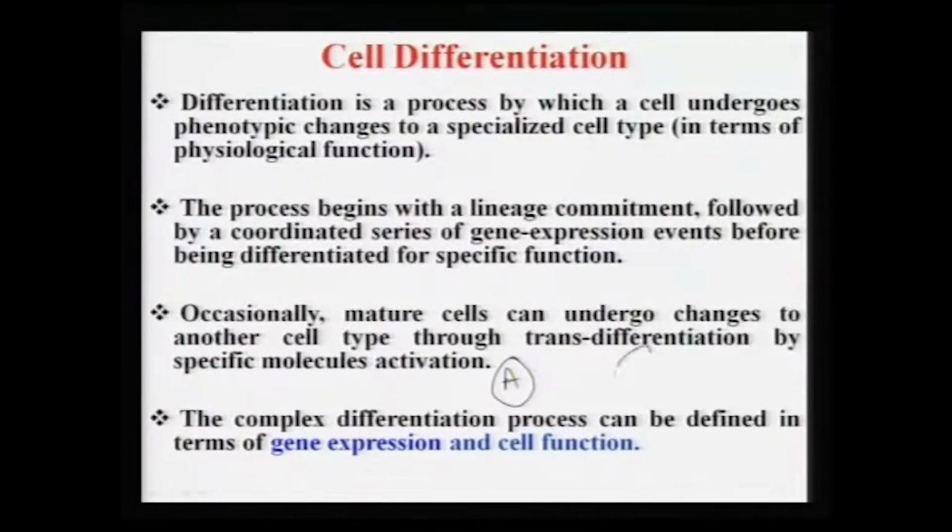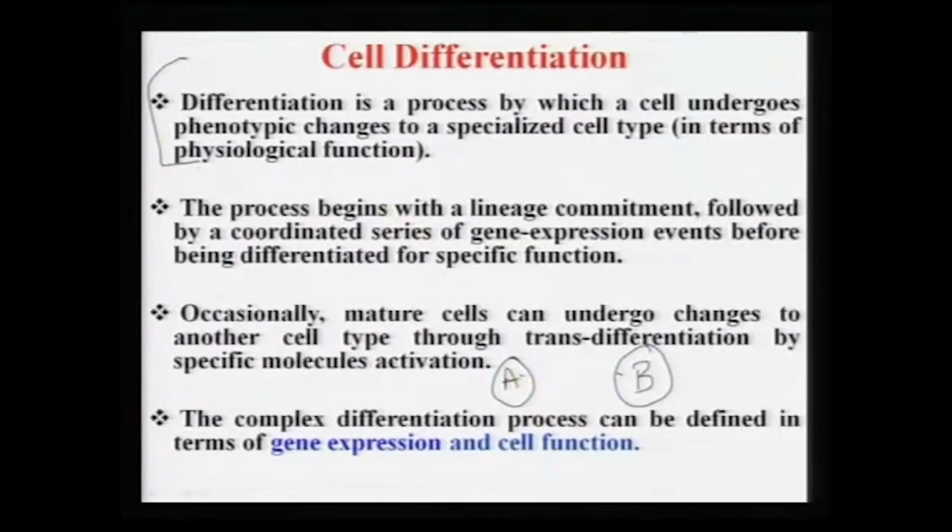Suppose this is cell A and this is cell B. If I say cell A has different gene expression than cell B, that means that in the nucleus DNA of cell A, if both are eukaryotic cells, they have different efficiency of protein synthesis compared to genes in cell B. Ultimately, the function of these genes is related to the function of protein synthesis.